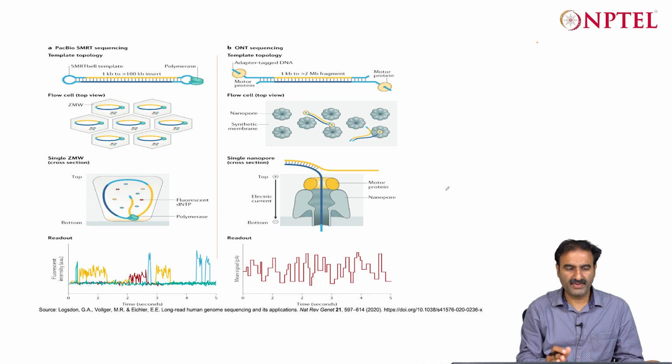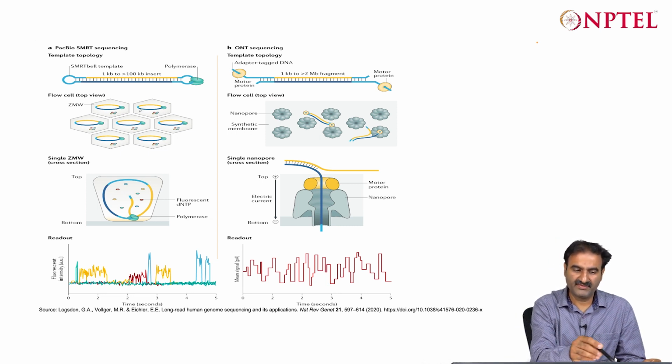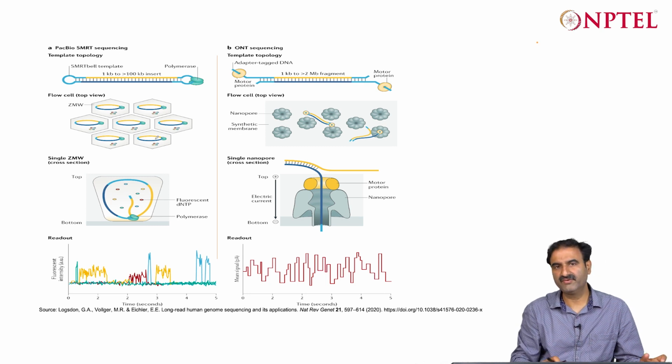Just to compare SMRT, PacBio and ONT: this happens inside the ZMWs. Because it uses polymerase and nucleotides, it is expensive, and that is why the instrument, the consumables and the library preparation are also expensive.